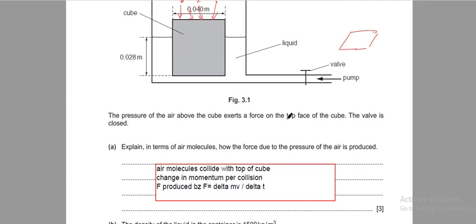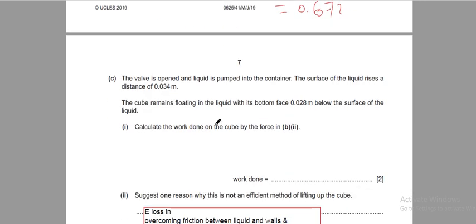So as we open the valve and pump liquid, the liquid here rises a distance of 0.034 meter. The cube remains floating in the liquid with its bottom face 0.028 meter below the surface of the liquid.